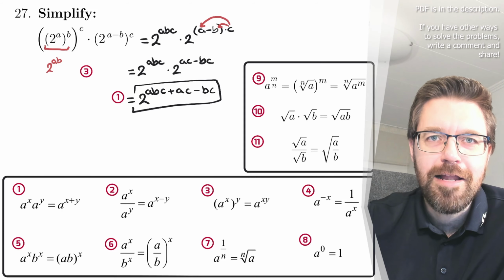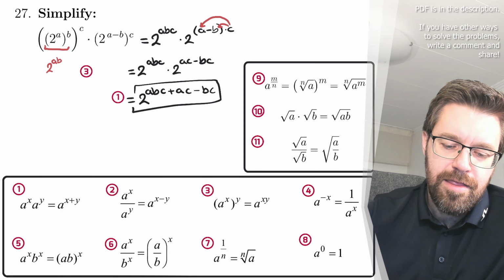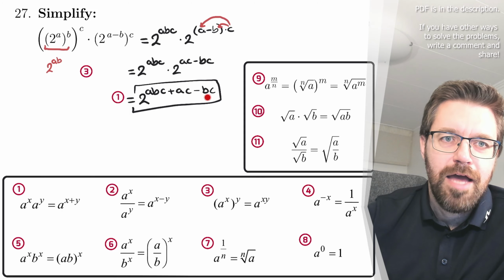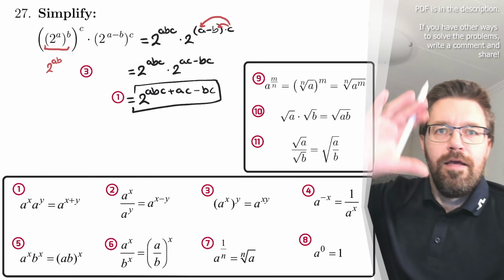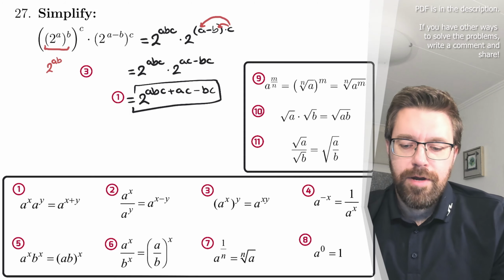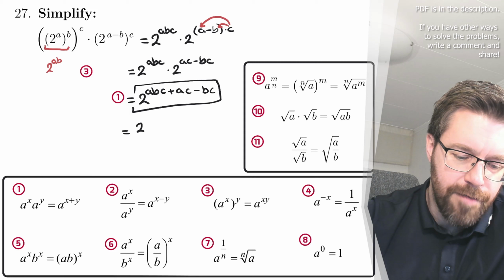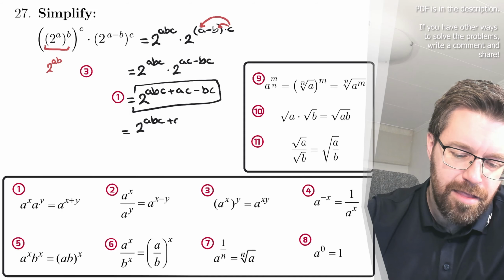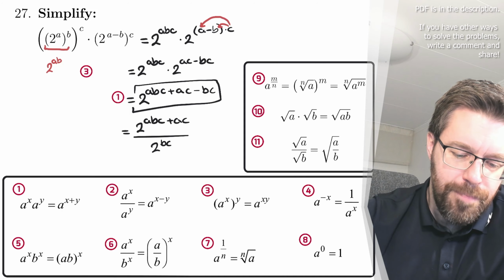So you can write it like this, or you can move this term in the exponent. You can use rule number 2 to move it down in the denominator. If you use this rule, it must mean that you have like this: 2 raised by abc plus ac and divide it by 2 raised by bc.